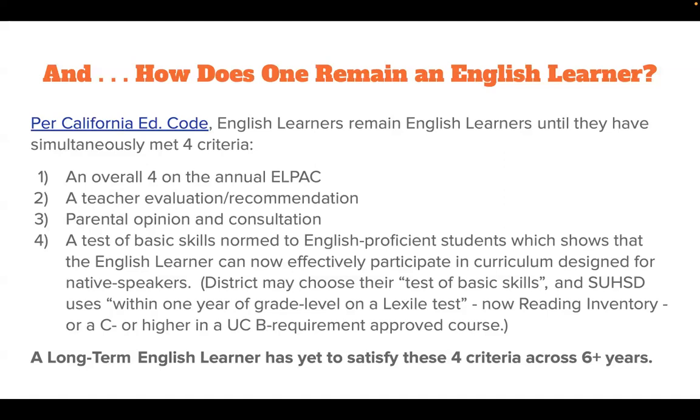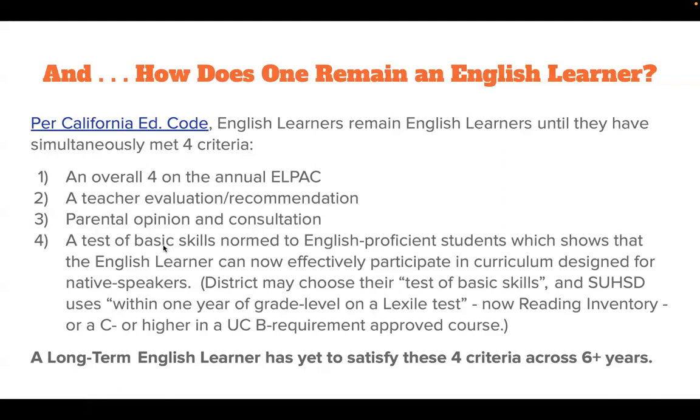And then just last year, Sequoia Union High School District added that if a C minus or higher is attained in a UC-approved A-G requirement course, that can count too. So that gets to the effectively participate in a curriculum designed for native speakers. If they have that C or C minus or higher, Sequoia is saying that should suffice.